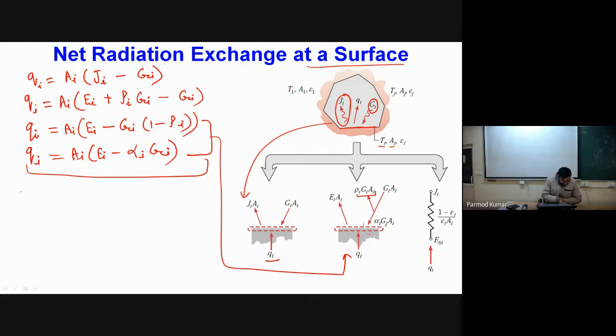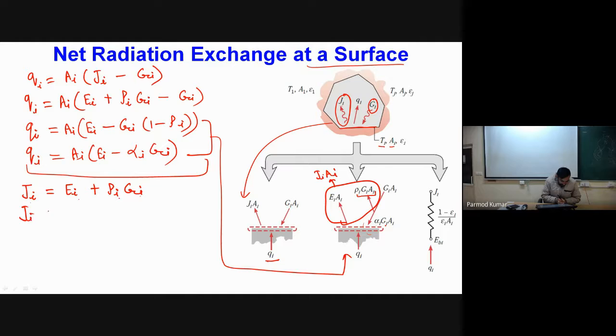Okay. Now let us once again start from the basic definition of Ji only. So Ji, we know, is equal to Ei plus rho i into Gi, because we consider radiosity to be total emissions plus reflected. So these two things make our Ji Ai. So I can write Ji equal to Ei plus rho i into Gi.